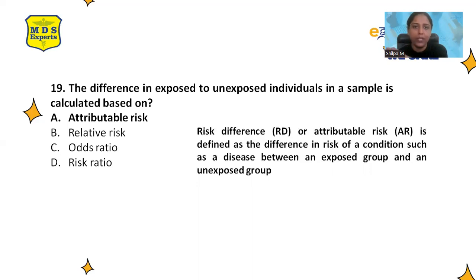Relative risk is definitely good when you talk about the etiological importance, whereas when you tell that among the chewers who develop oral cancer, for example, 80% is attributed to chewing, that makes a better public health significance.